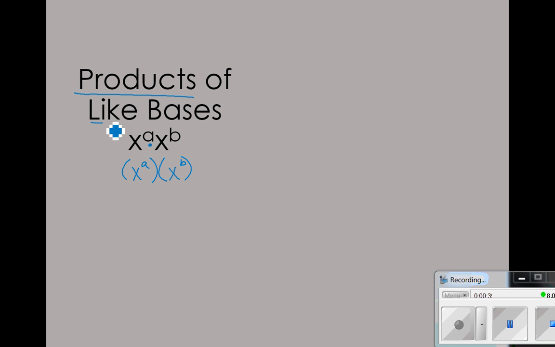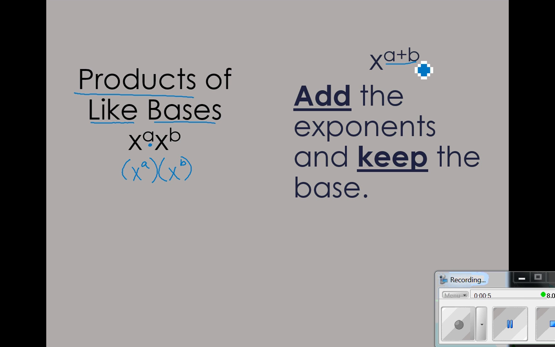And we're always looking at ones with like bases to be able to use this rule. So when you do this problem, you're going to keep the base and add the exponents. I want you to highlight that so it stands out, and keep the base. The base is going to stay the same.